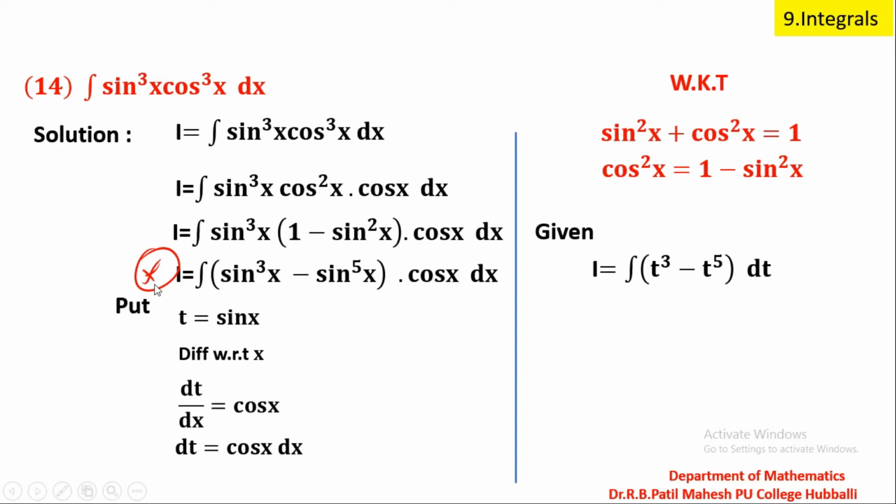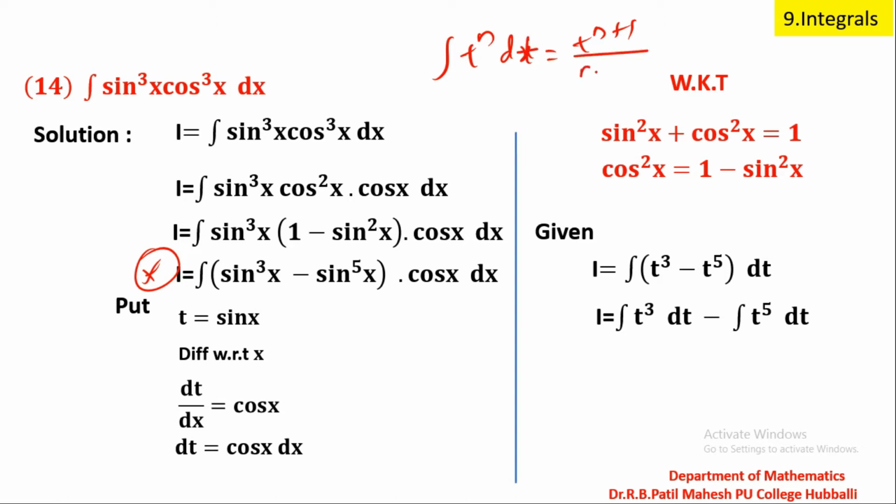Therefore, taking the integration for both the functions t cube as well as t raised to 5, using the formula integration of t raised to n. Hope you remember all the formulas. Integration of t raised to n is equal to t raised to n plus 1 upon n plus 1 plus c.